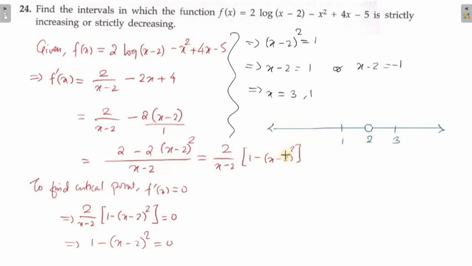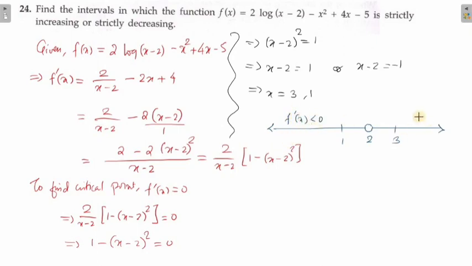If you take 0, let's see what happens. 1 minus 0 squared is 1, so positive. In the denominator, 0 minus 2 is minus 2. So in the numerator we have positive and in the denominator we have negative, so obviously overall it becomes negative. f'(x) is negative out here.